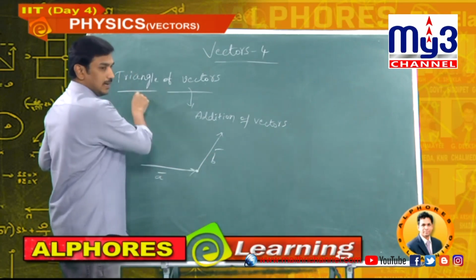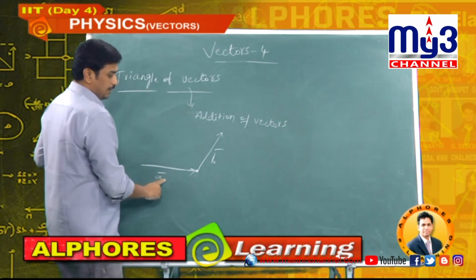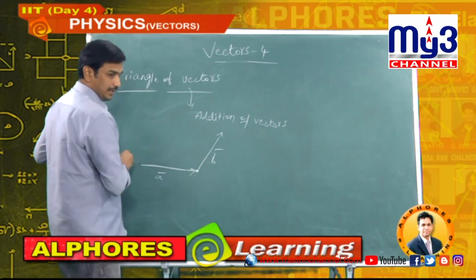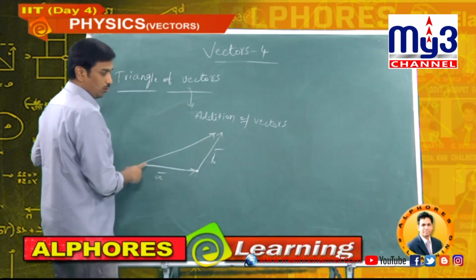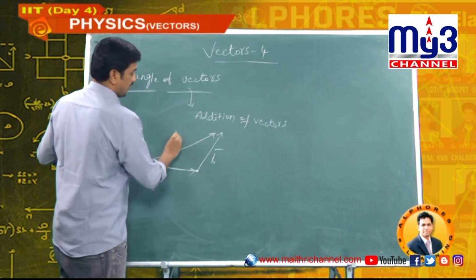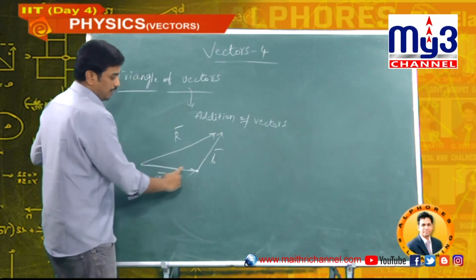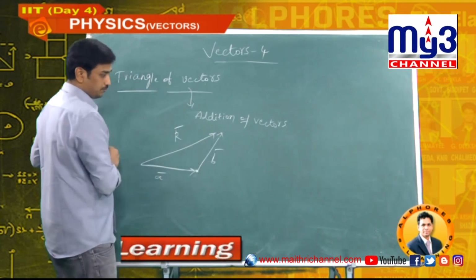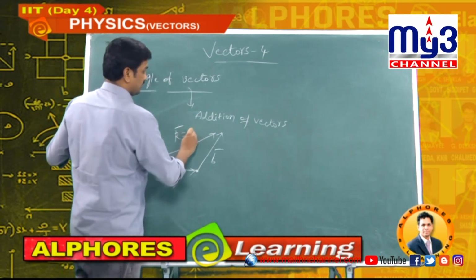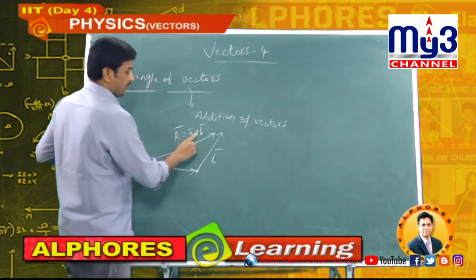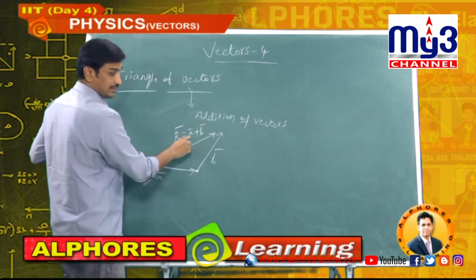According to the triangle law, A bar and B bar are two sides of a triangle, and the resultant is the closing side of the triangle. This is R bar. A bar, B bar are two sides of the triangle and the closing side is the resultant. What is the resultant? A bar plus B bar, addition of two vectors here.